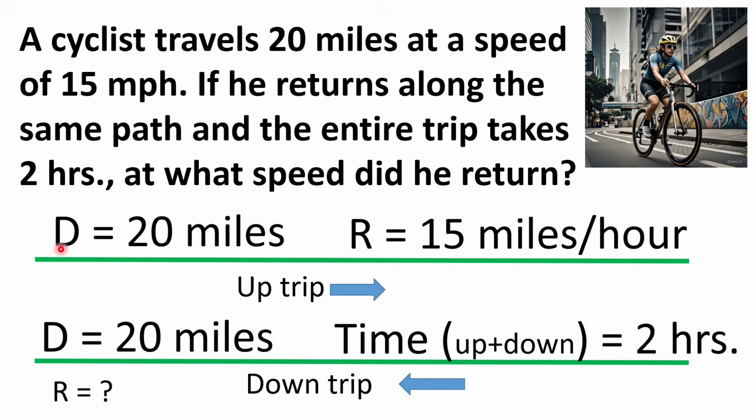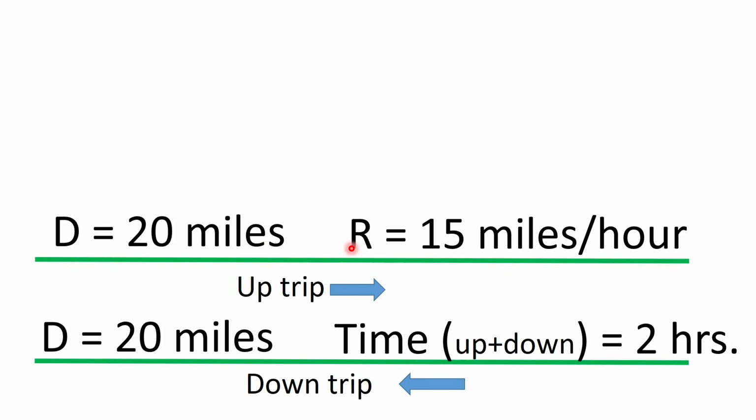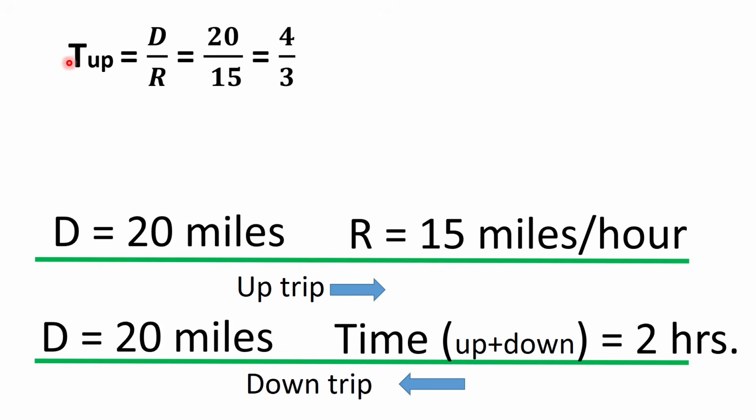It's very easy. Here distance is given, and velocity is given. We have to calculate time from here. The time formula is t equal to d divided by r. This comes from the velocity formula, v equal to distance over time.